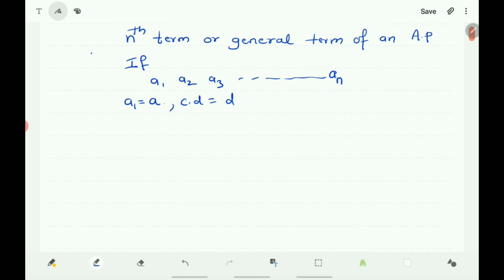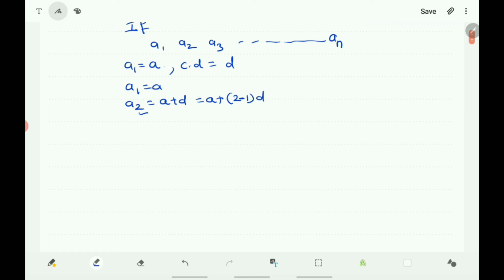Let us consider A1 is equal to a, A2 is equal to a plus d, that is a plus 2 minus 1 into d. Then A3 is equal to a plus 2d, that is a plus 3 minus 1 into d.